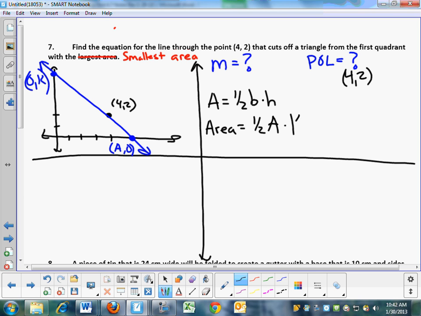Okay. So now we need to write an expression for the x-intercept, and we need to write an expression for the y-intercept. How can we do that?